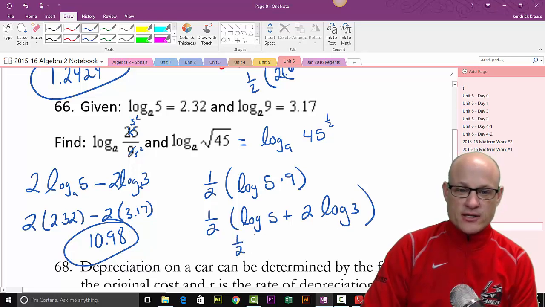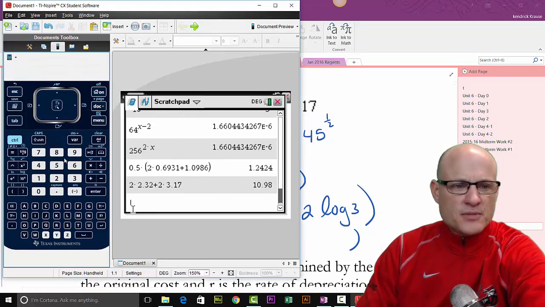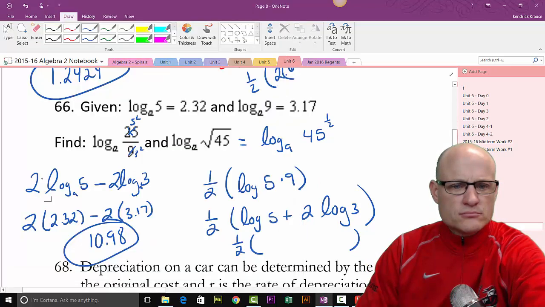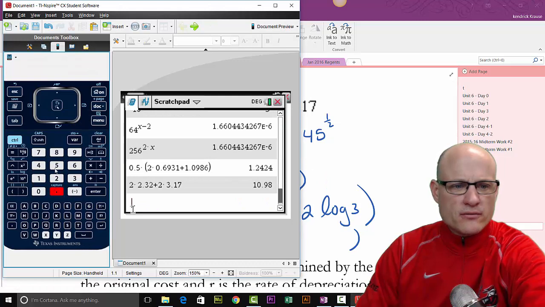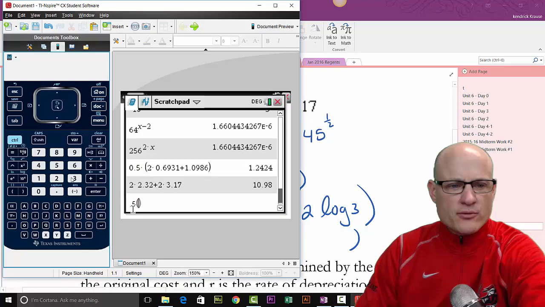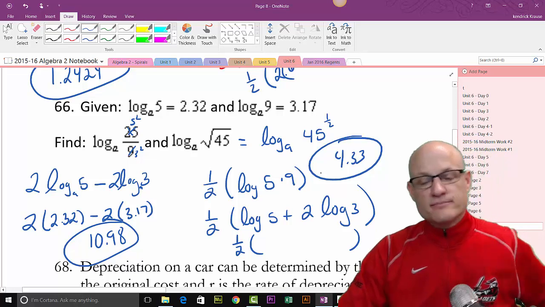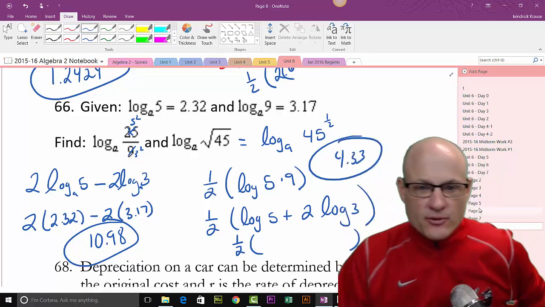So this is 1/2 times log of 5, which is 0.5 parentheses 2.32 plus 2 times 3.17. 4.33. So the answer is 4.33. All right, that one's done. That was a tough one. Sorry, kids.